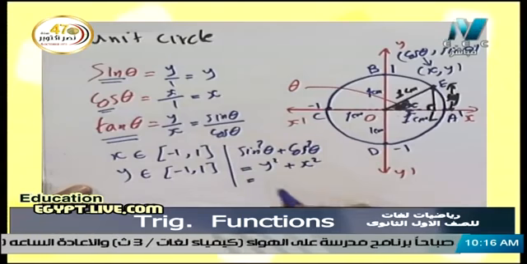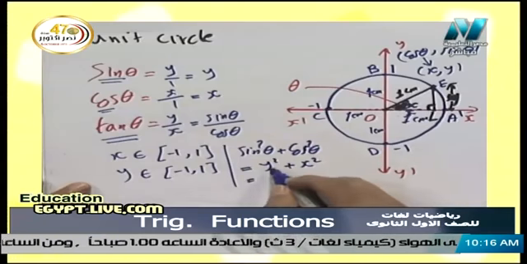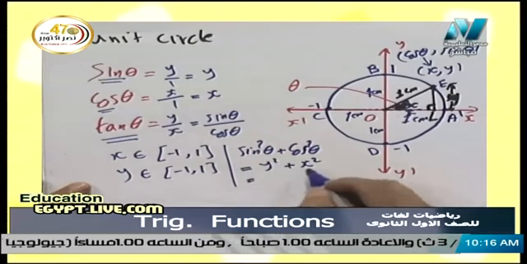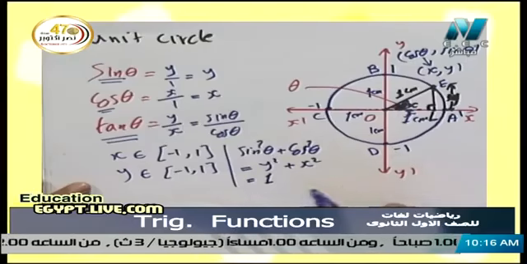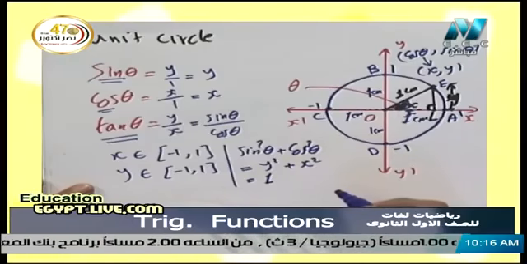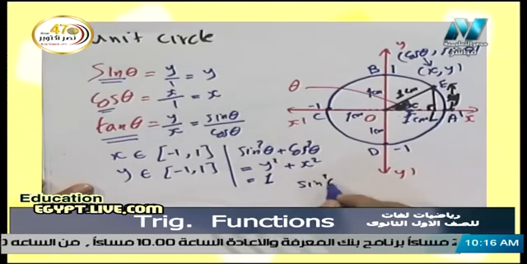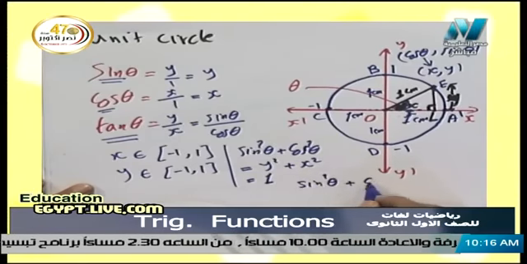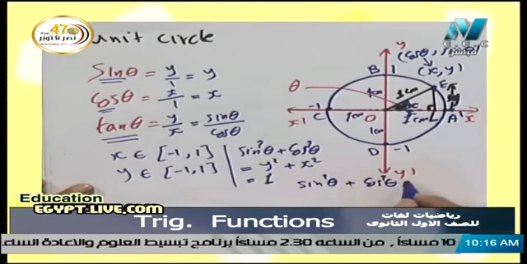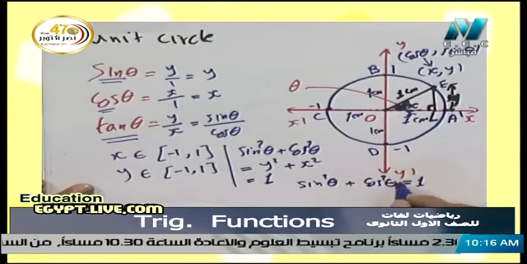And we know that y squared plus x squared equals 1. So we can deduce also that sine squared theta plus cosine squared theta equals 1.